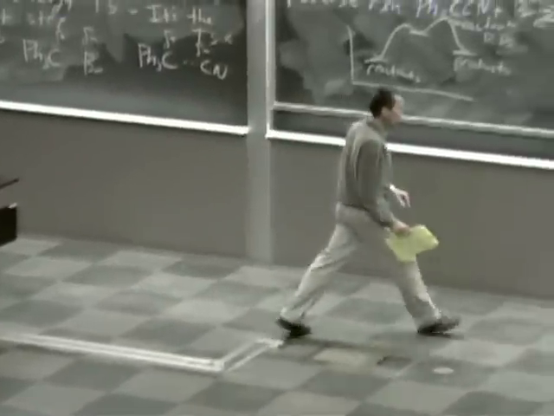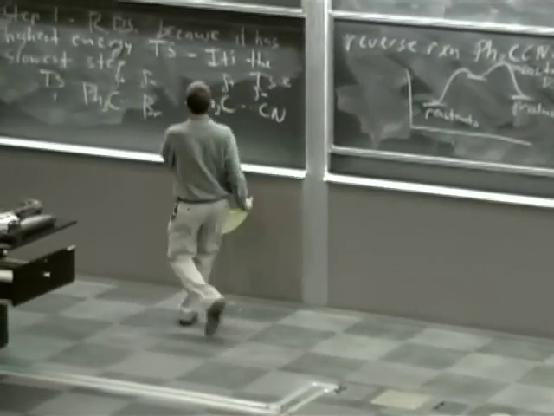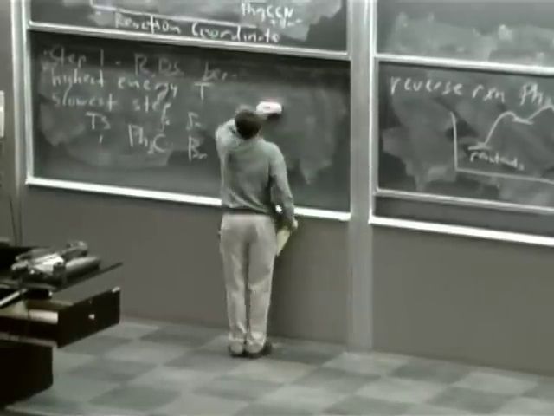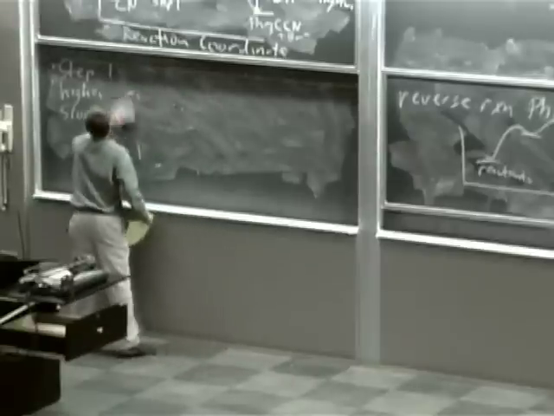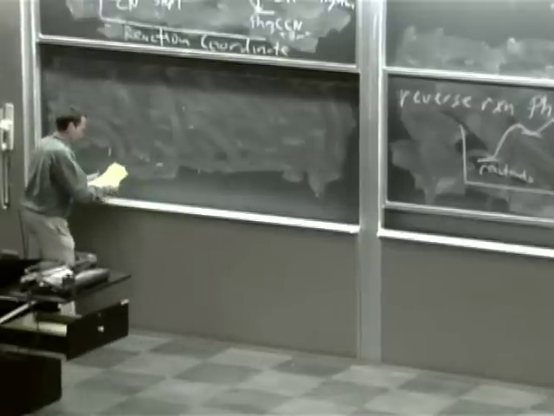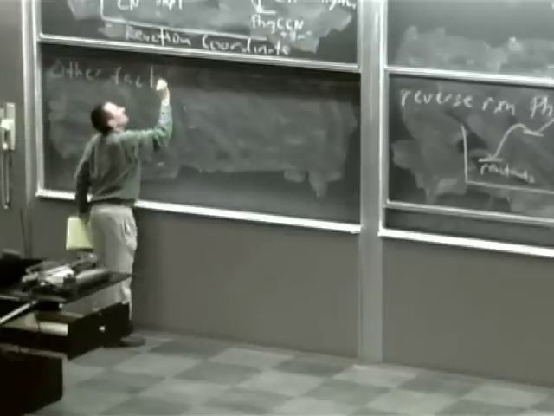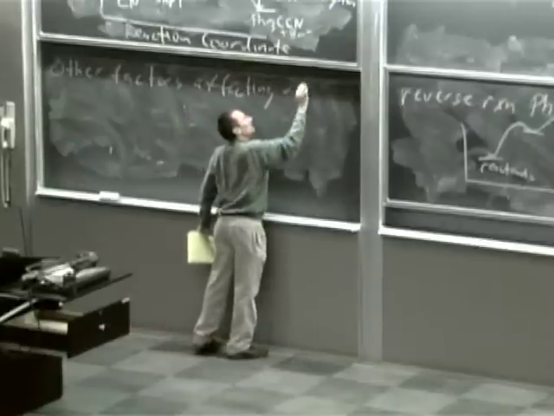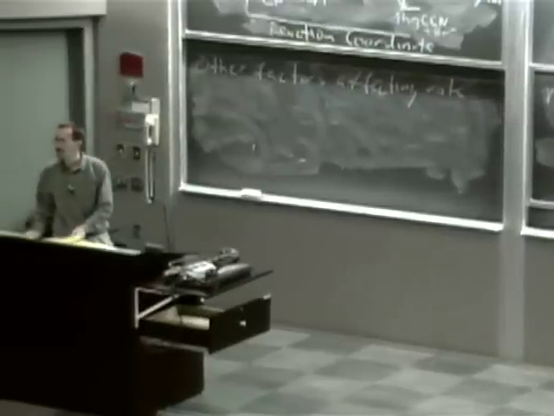All right, last thing I'll talk about is just the question that was raised before about what different factors affect the rate of reaction. All right, the biggest factor affecting rates is temperature.